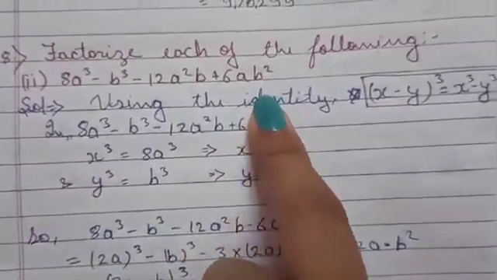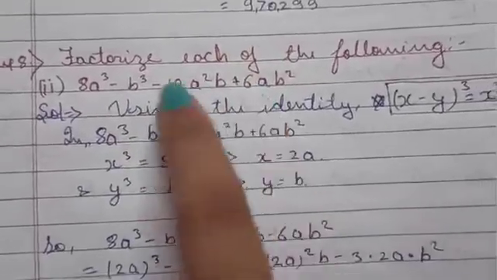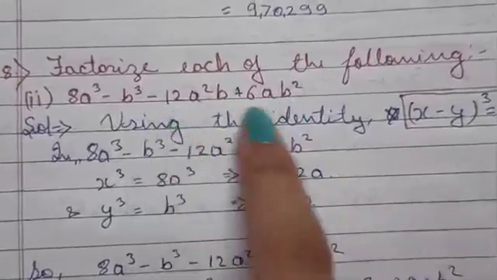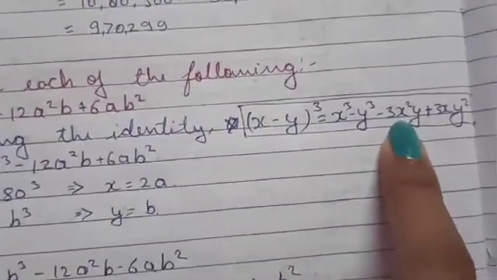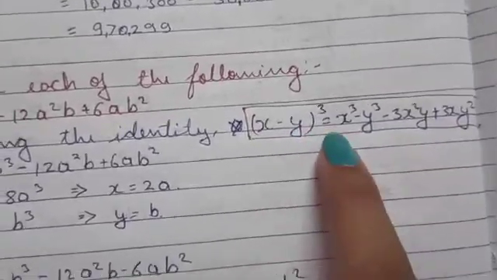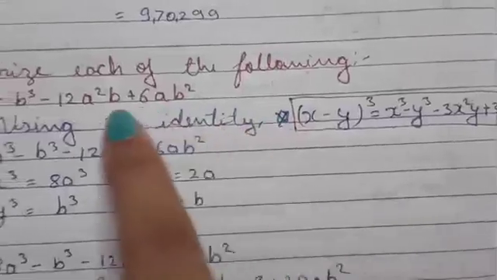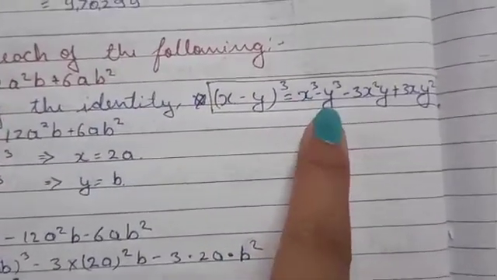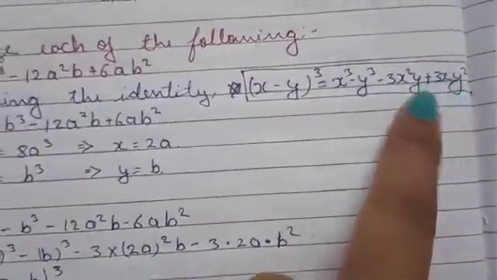See, the expression has 4 terms, and the variables of these 4 terms are similar to the expansion of the algebraic expression (x minus y) whole cube. What is the identity? (x minus y) whole cube is x cube minus y cube minus 3x square y plus 3xy square.